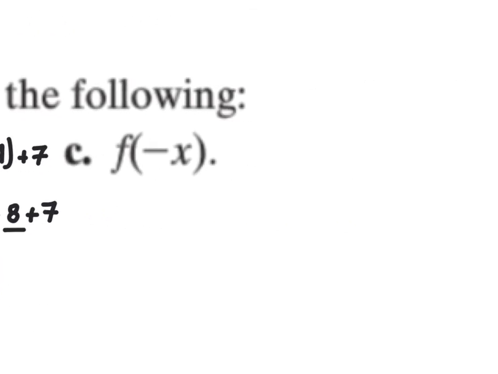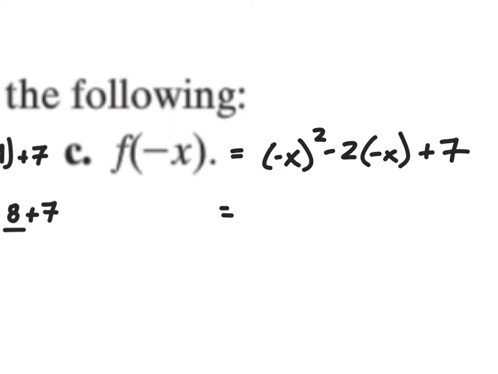If I plug in negative x, and this is going to be important to do later on, what I'm going to do is replace everything that we had in my function with a negative x. I'm going to do negative x squared, minus 2 times negative x, and then plus 7.